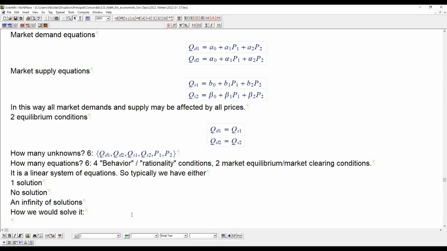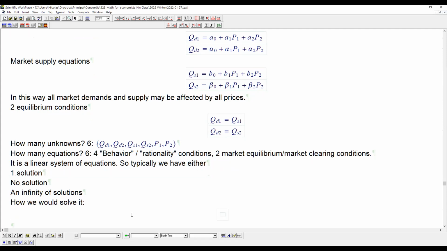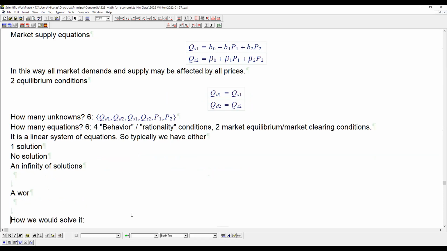I'm pretty sure you guys have. Just before this, a word on the supply curve.